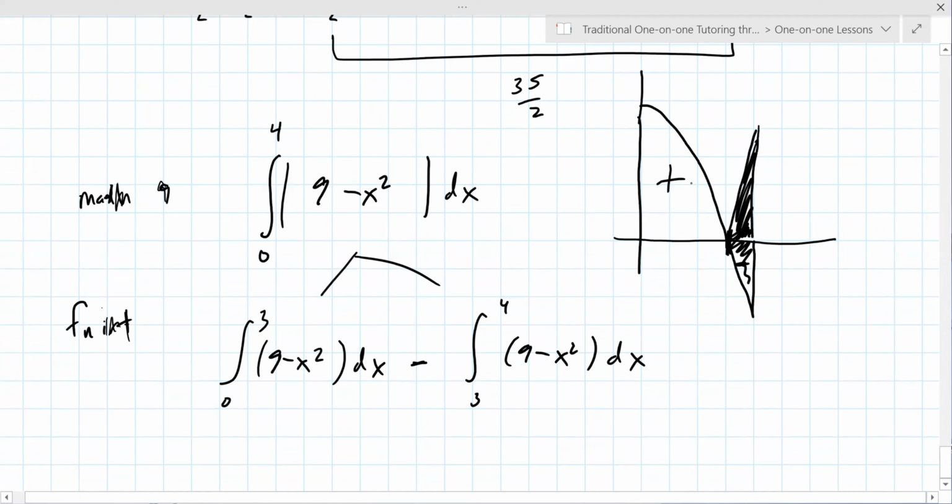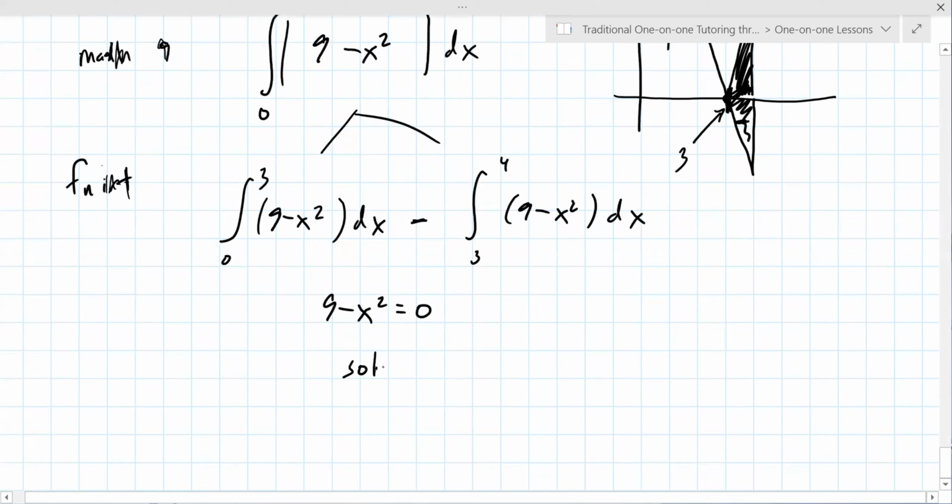Yeah. Like I just can't, how do I know to go to 3? And 3 is where it hits. That's where you set 9 minus x squared equal to 0 and you solve for x. But if you graph it, you should see it hitting there. Sorry, go ahead.